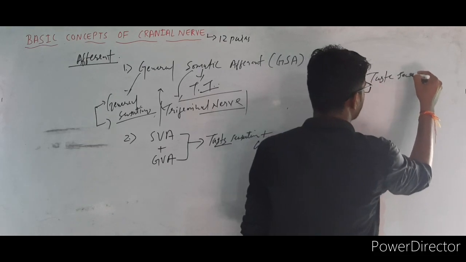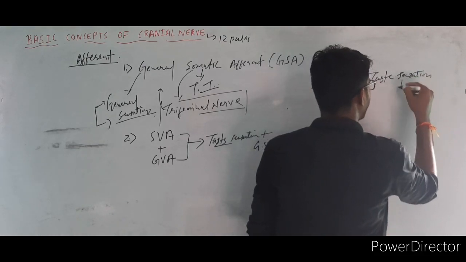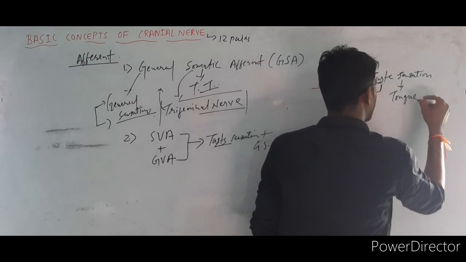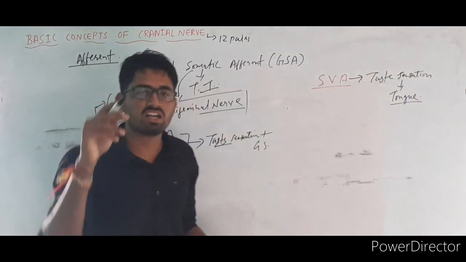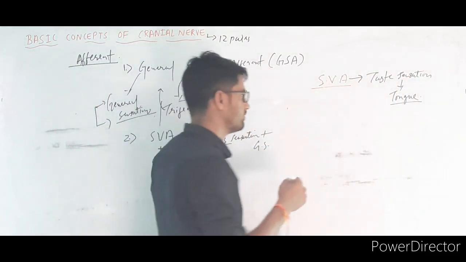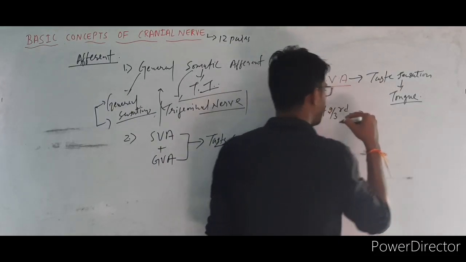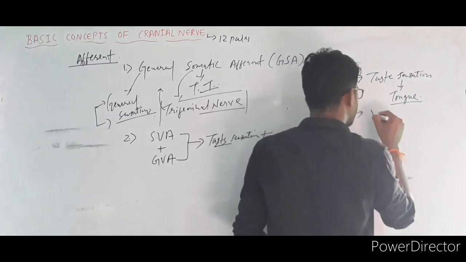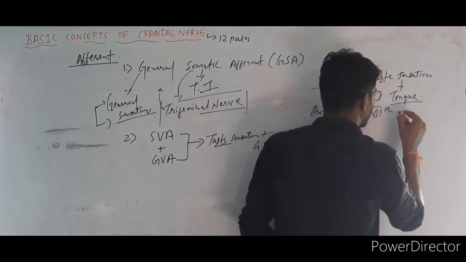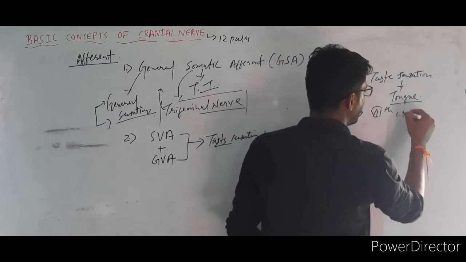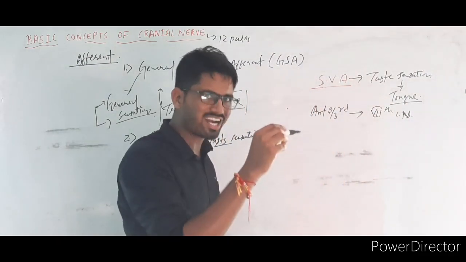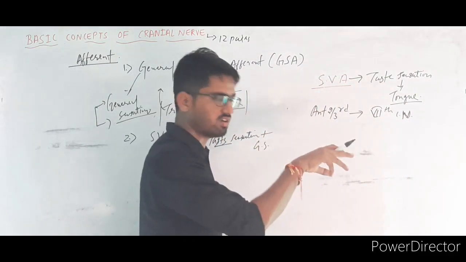Now tell me the supply of the tongue. Anterior 2/3, I am going to write here. Tell me the cranial nerve: 7th cranial nerve, via the chorda tympani, which is the branch of the facial nerve.